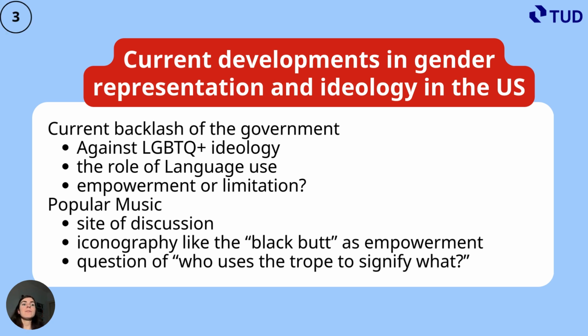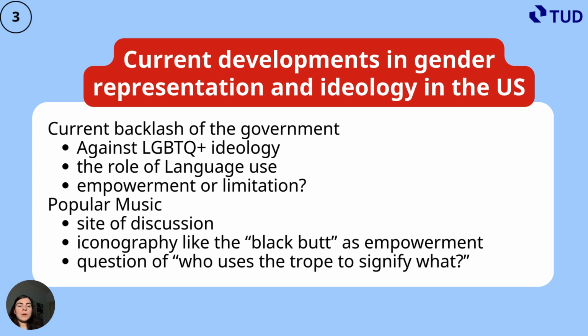From this application section, we can take that at present we do have a huge backlash of the US government against LGBTQ+ ideology. We can talk about the role that language use assumes there, and of course Trump talks about it with regard to the empowerment of biological truth, but actually that's a limitation of representation for a lot of people.